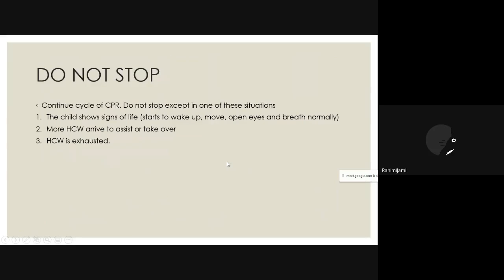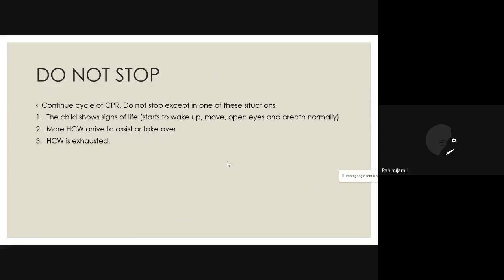Next, we must not stop chest compression. Continue doing the cycle of CPR, and do not stop until one of these situations happens. First, if the child shows any sign of life, such as starting to wake up or move, opening his eyes, or breathing normally.